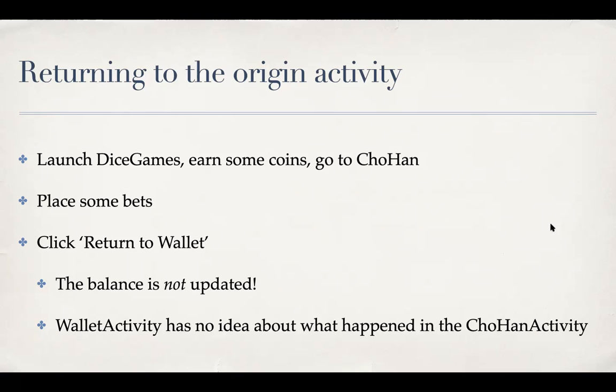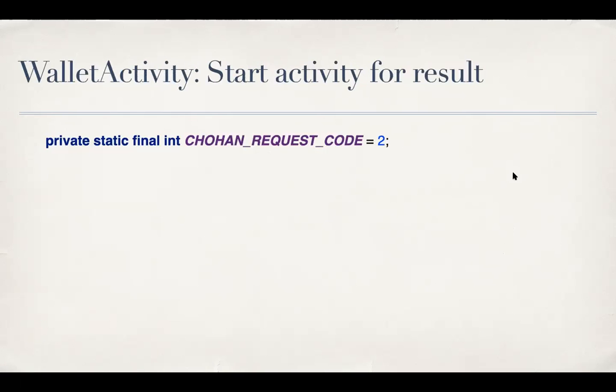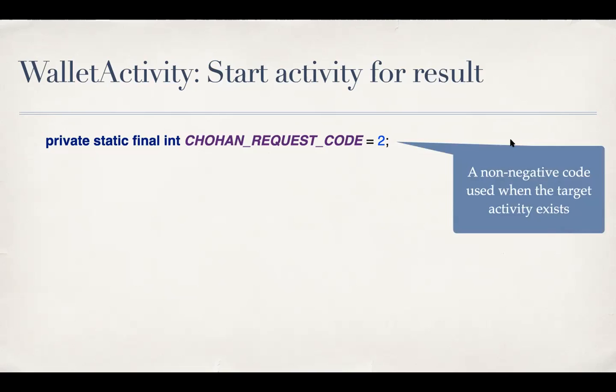To fix that, we will start the game activity, the Shohan activity, in a slightly different way. Instead of just doing start activity like before, we'll have to start it for a result. So that is an indication that the origin activity expects a result when it comes back. Okay. So for that, you first have to create an int code which, if it's a non-negative code, is used when the target activity exits.